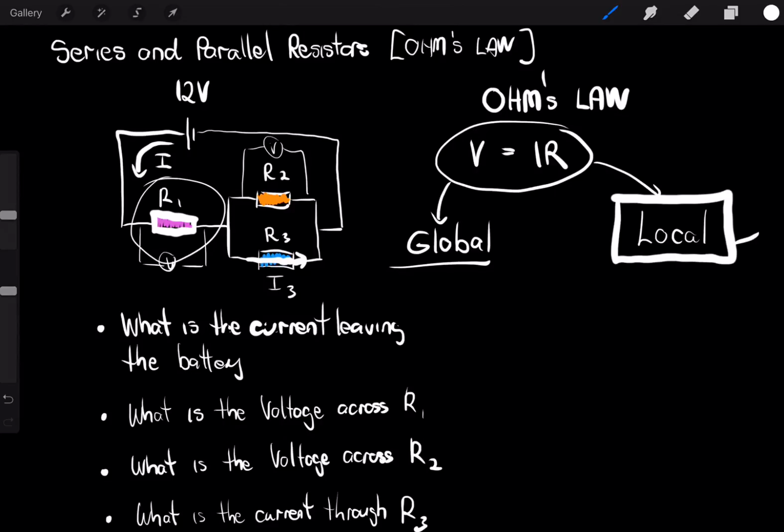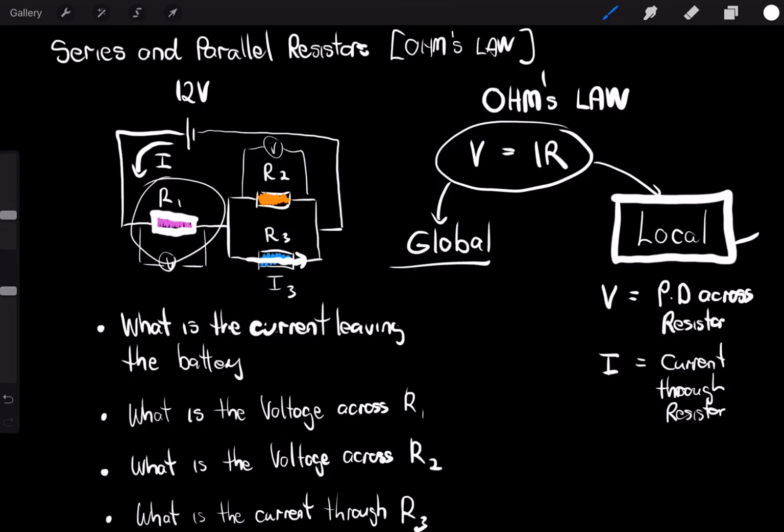The local version is V equals IR, except that V is the potential difference across the component or the resistor, I is the current through the resistor, and R is the resistance of that particular component.